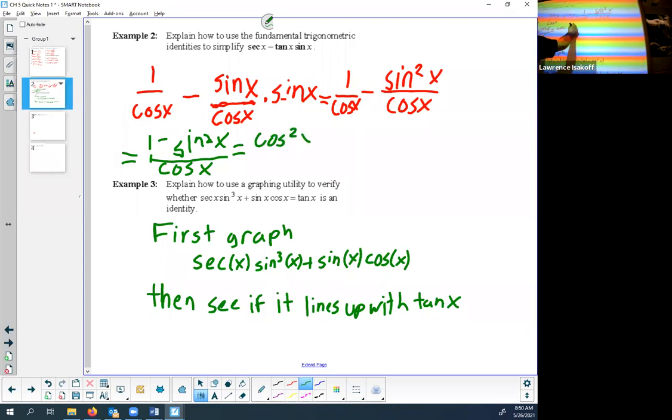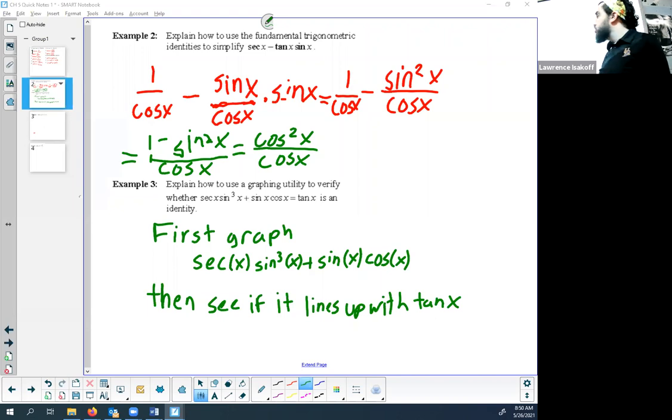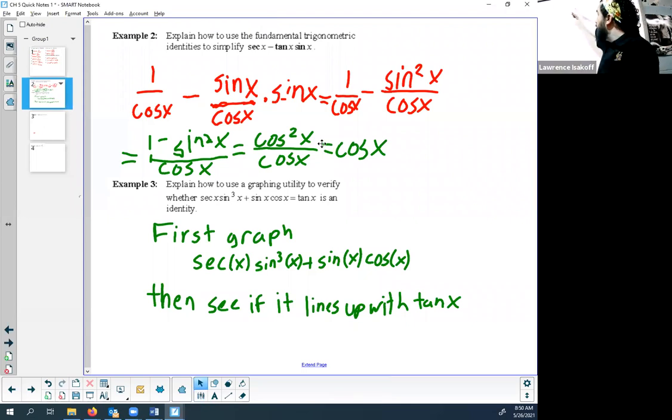So I can say cosine squared x over cosine x. If I have a cosine squared over cosine, life's actually pretty easy there. That will actually just reduce to cosine of x. So that original function is actually just cosine of x.